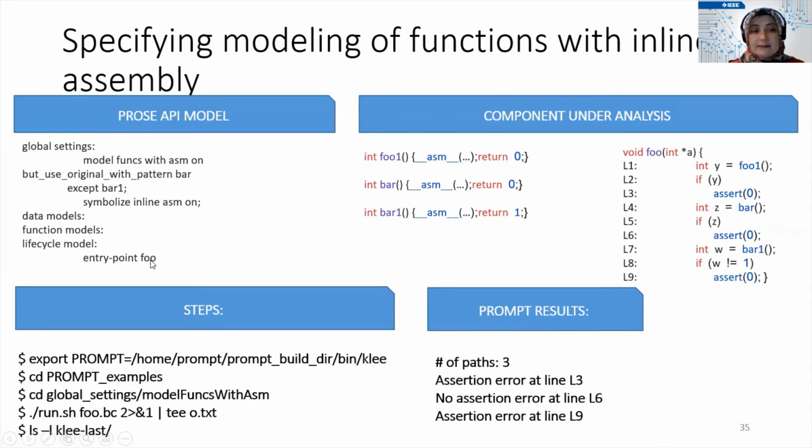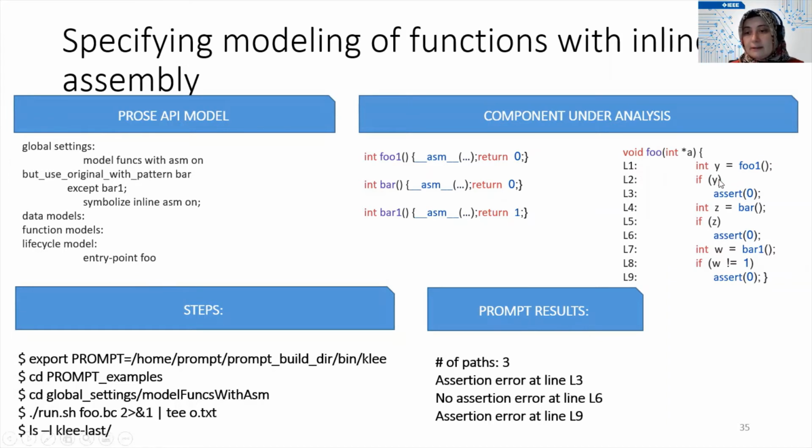So if we start with our entry point, the foo function, you see that we have a bunch of function calls. And if you remember that we model foo1 and bar1, and that we are symbolizing their return value, then y and w should have unconstrained values.